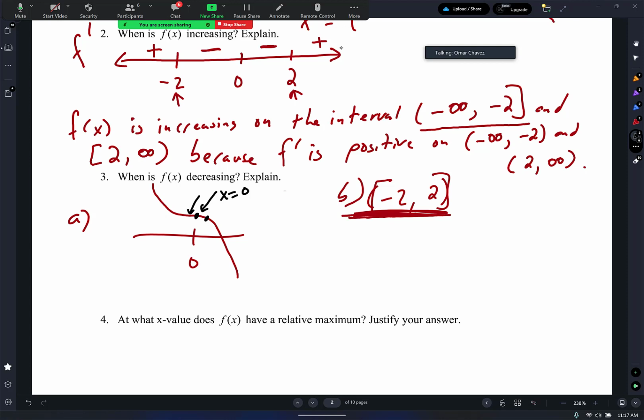So to the left of 0, I have pixels that are larger, the y value is larger, and to the right of x equals 0, I have pixels that are smaller. Does that make sense? So even though you flatline right here, you don't increase. So you're going to say that you decrease from -2 all the way to 2. Does that make sense to you guys? You can type Y in the chat box and say yes. Perfect. Yay. Awesome.